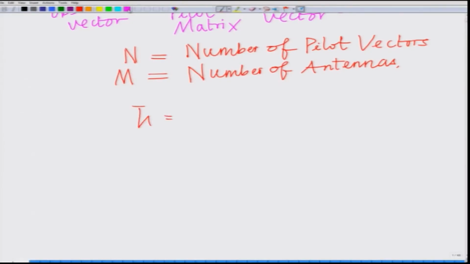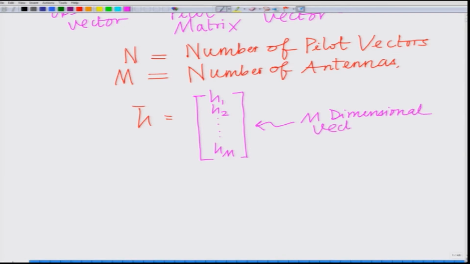H bar equal to, if you recall, h1, h2, up to hM, this is your M dimensional vector. And therefore, we have a vector parameter.